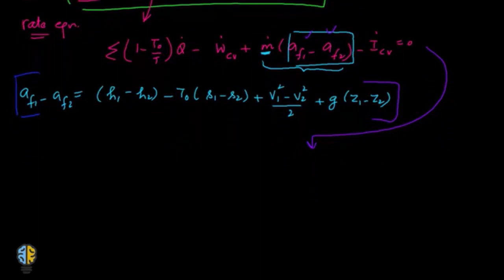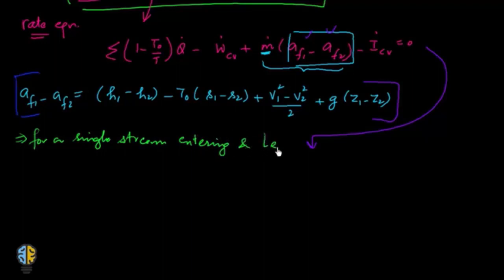Now if you bring this equation down, let us analyze it for a single stream which is entering and leaving. For this particular case, let's divide the whole equation by m dot, and for a single stream you will be getting rid of the summation sign as well.